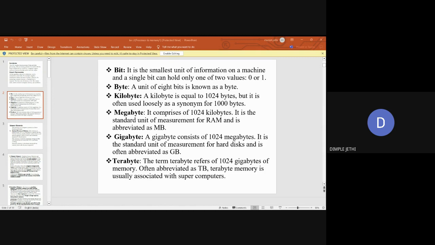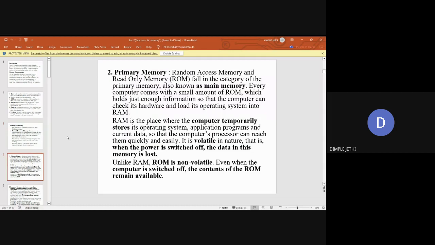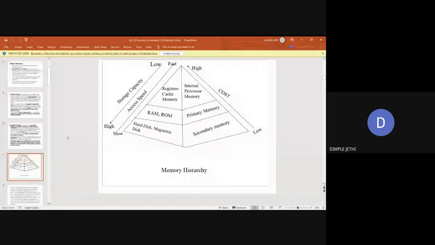Okay, then after this I told you about three types of memory: internal, primary, and secondary memory. And this diagram I explained. So what are the three basic differences between these memories?